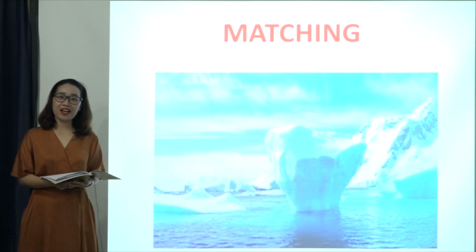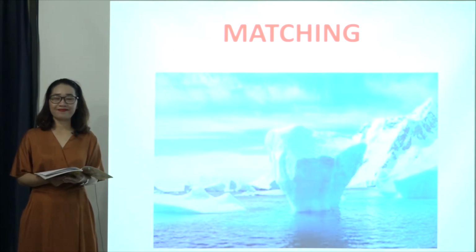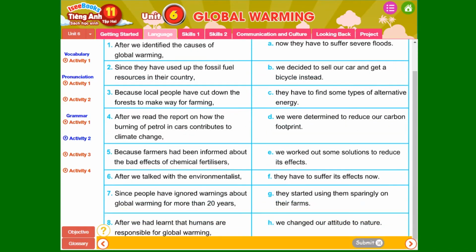Now let's move to activity 2 of grammar today, matching. 2. Match the two parts to make complete sentences. Now, first one, after we identify the causes of global warming, so we match with E, we work out some solutions to reduce its effects. 2.